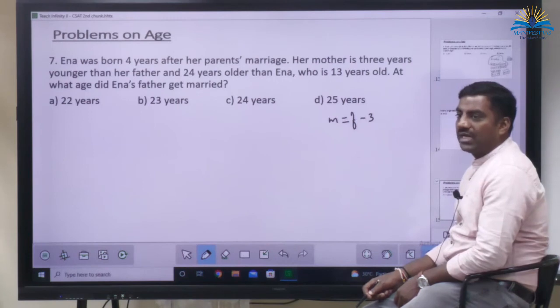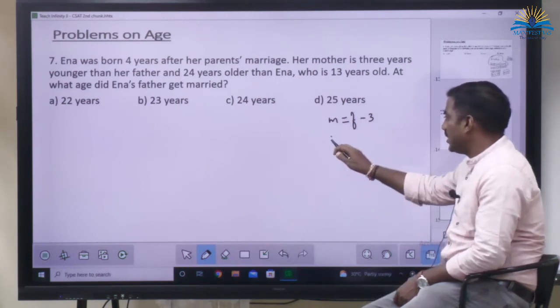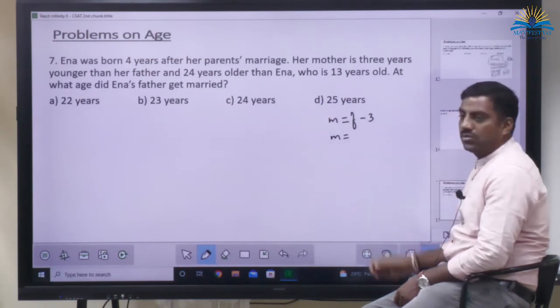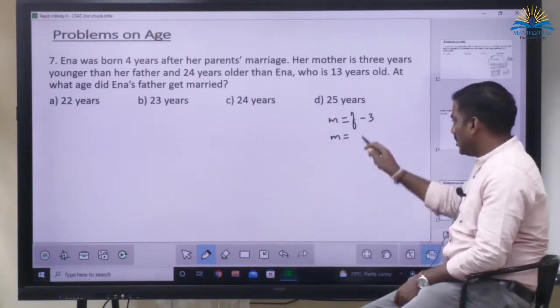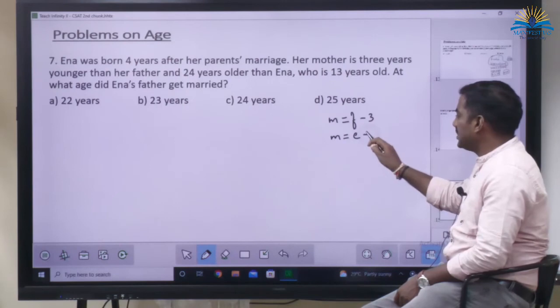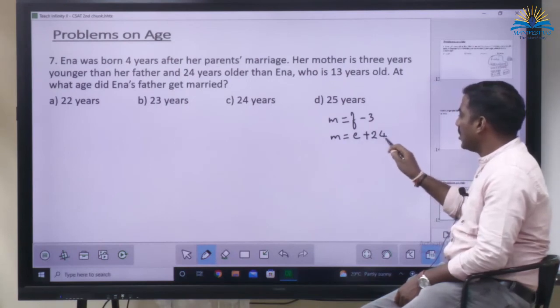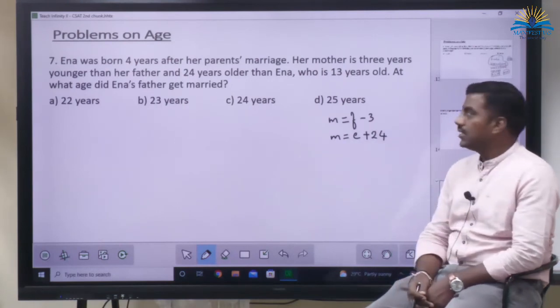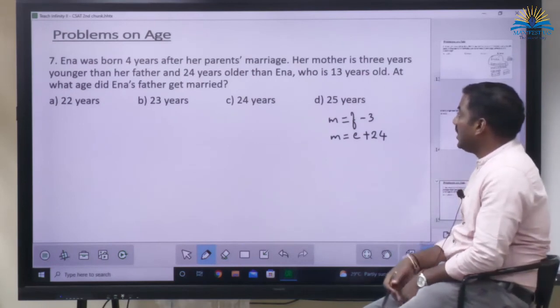Who is 24 years elder than Ina? Mother. So can I write M is equal to Ina plus 24. Correct?